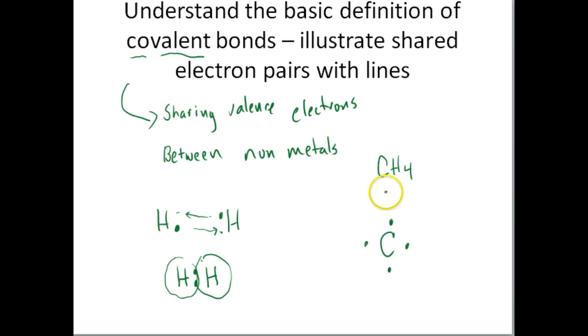So it will bond with 4 hydrogens and consider those 4 electrons that the hydrogens are bringing to the table as part of its own. So you end up with a unit here where carbon has this stable octet, and each hydrogen has a stable outer energy level.